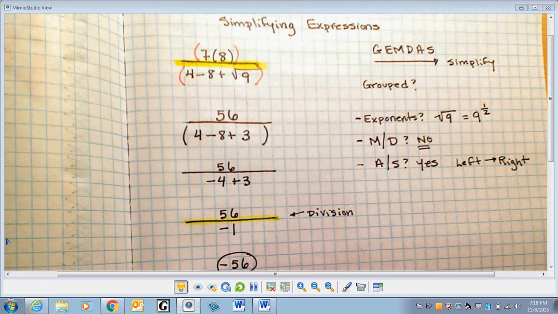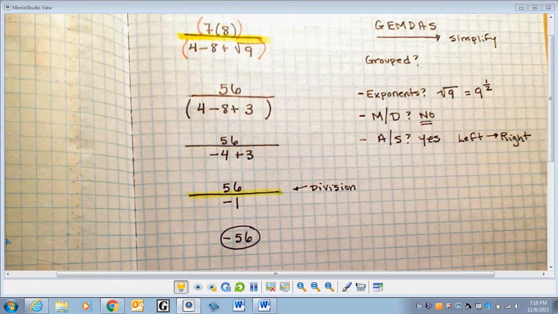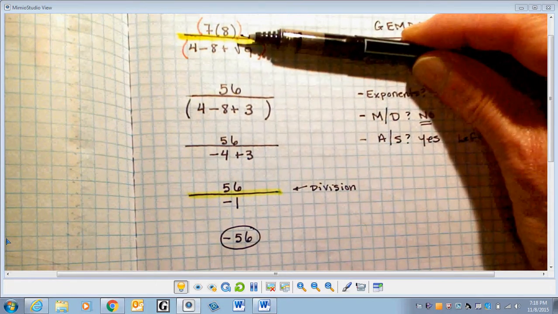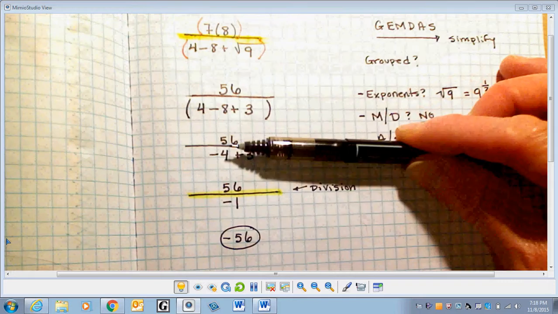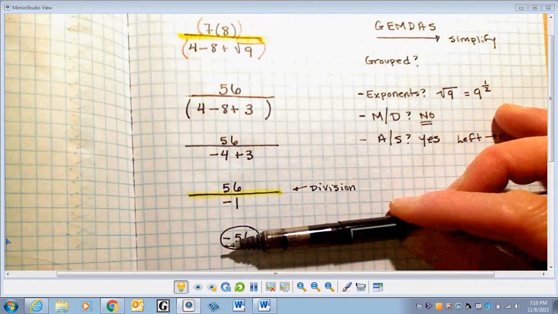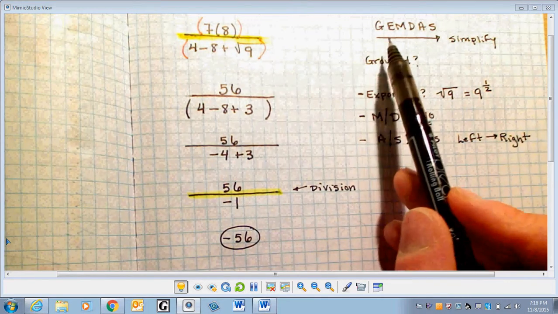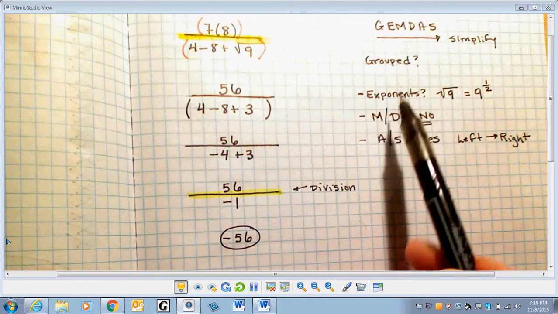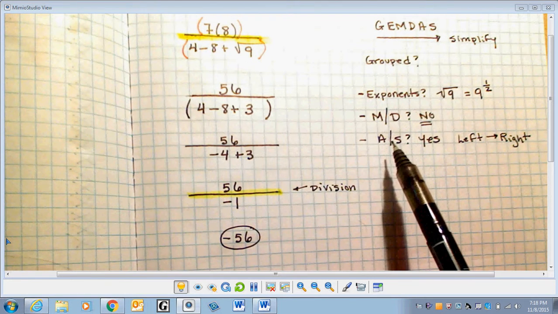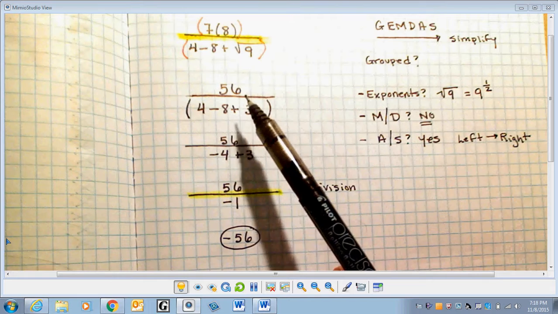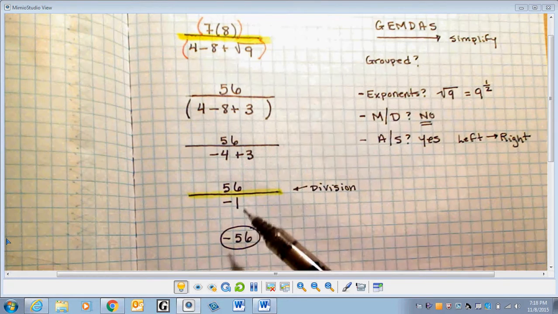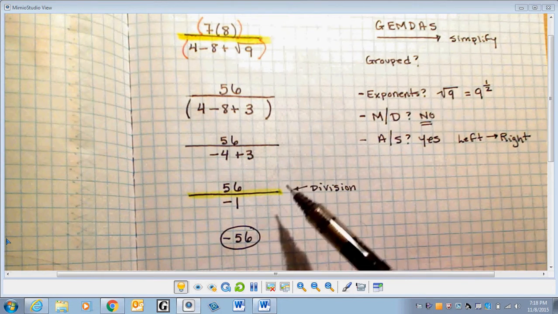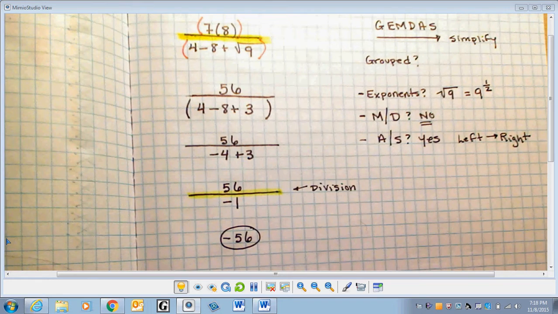A couple things I want to point out to you: notice how I'm very systematic in working down. I'm not crowding my space. I'm using my order of operations very systematically, asking myself questions, and doing one thing at a time. There's no equal sign, so I do not write an equal sign.